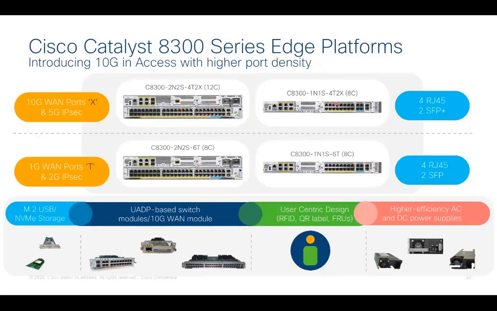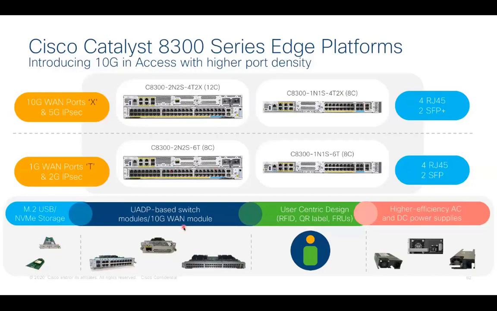And for the 1RU platform, we support 1 NIM slot, 1 SM slot, and we have a dedicated PIM slot on the 1RU platform, not on the front side, but on the rear side. The 42X models on the top half of the picture are the platforms that support 10 gig, and the 6T models on the top of the picture are the platforms that support 1 gig. These are the M.2 external NVMe or USB-based storage modules that I have already explained.